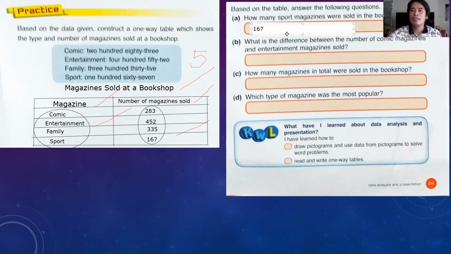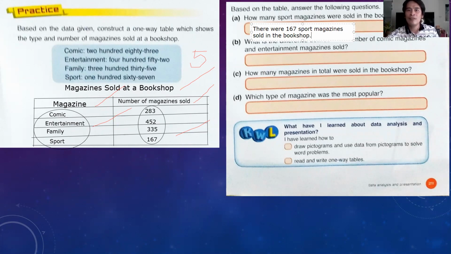How many sport magazines? There were, our favorite word, there were 167 sport magazines sold in the bookshop. Okay.